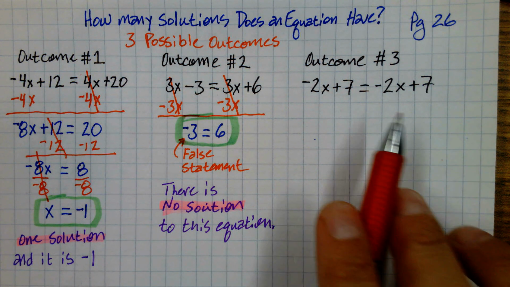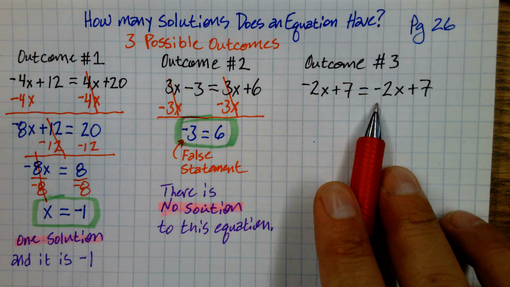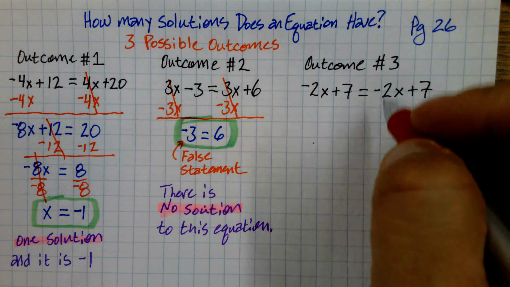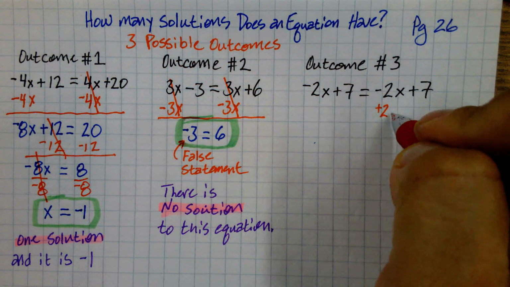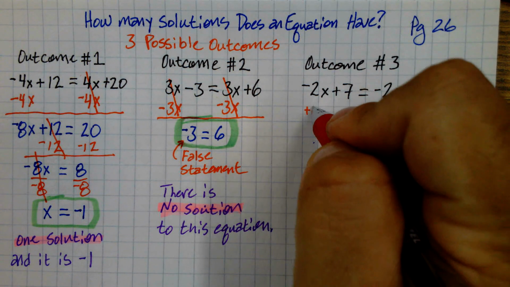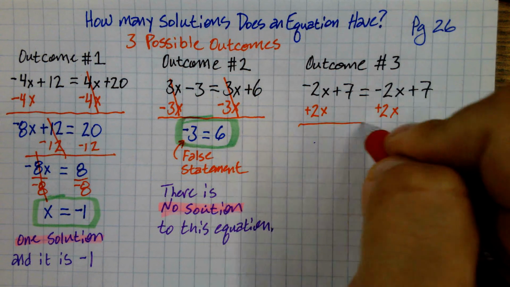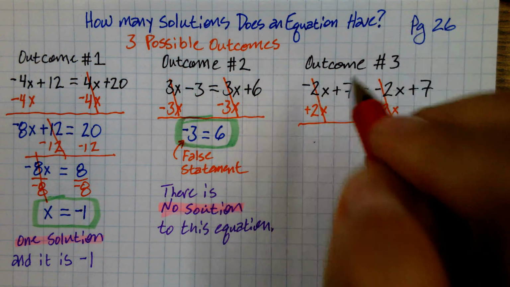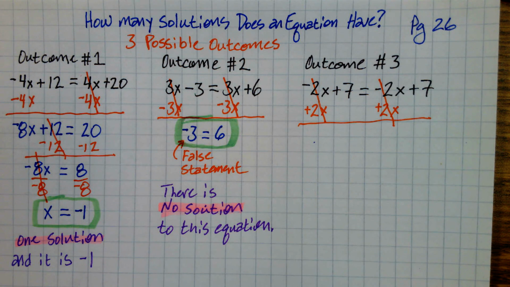Let's solve it. Okay, what should I do to get rid of this negative 2x? Positive 2x. But because we know we have to also do that on the other side, we got to do a positive 2x over here. And this is going to cancel, and just like in the previous one, that's going to cancel.